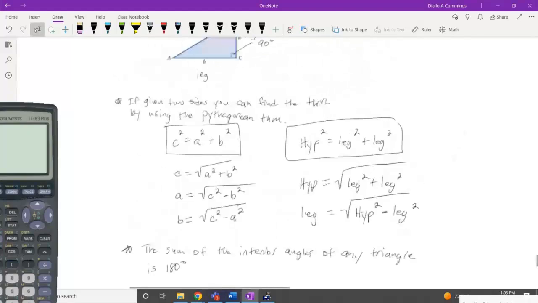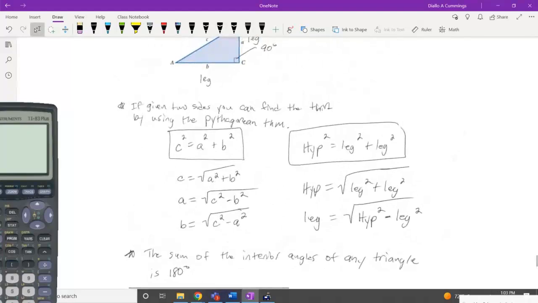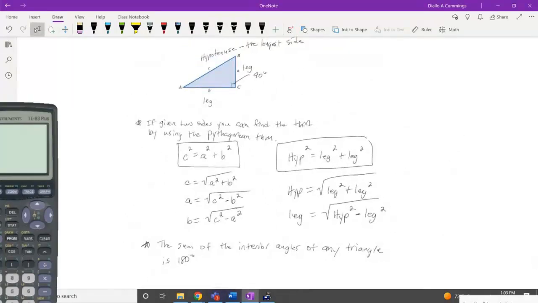If we take a look at the triangle, if you were to add up all of the angles within this triangle, they would sum to give you 180 degrees. So that's a fact for any triangle, not necessarily a right triangle, any triangle.